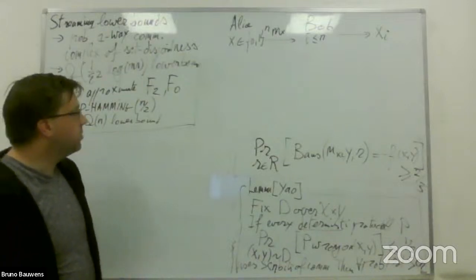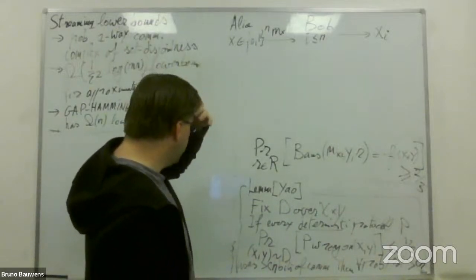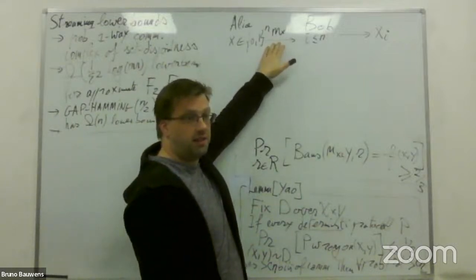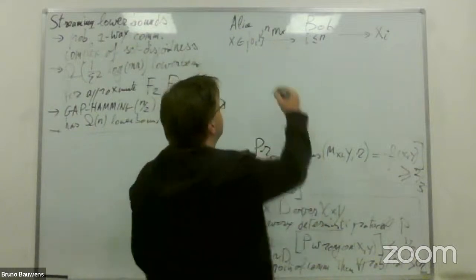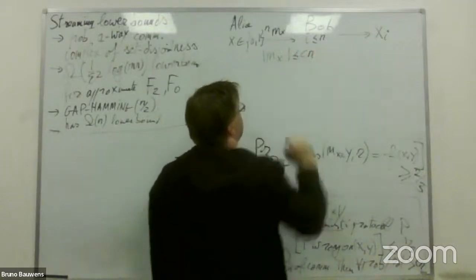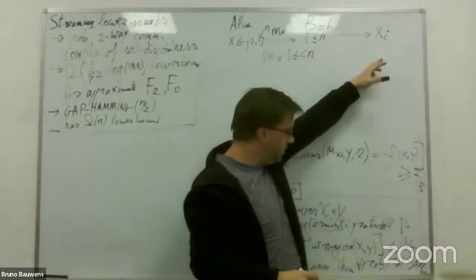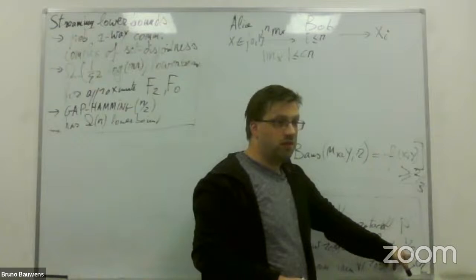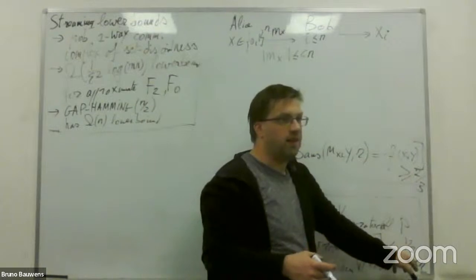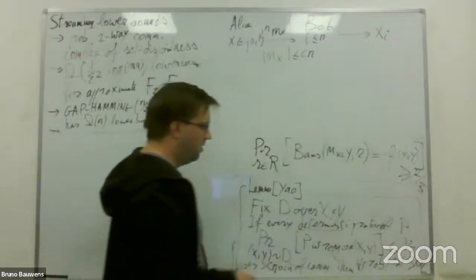Okay, and so what we assume is that we want to prove that messages of length c times n are not enough. So Alice will send a message of length at most c times n. And now we will prove that Bob will fail with probability more than 1/3.